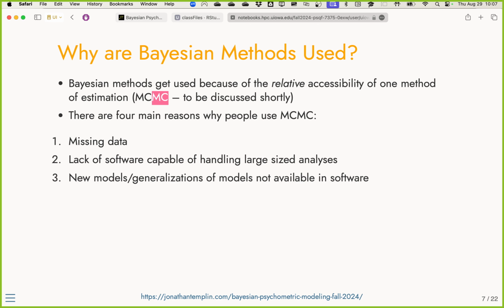The other thing that Bayes does, because the software is so general, is if you come up with a new way of estimating a model, or a new model altogether, you can put it in and estimate it in a very well-founded statistical estimation framework. So for me, in the early 2000s, that's where I was.